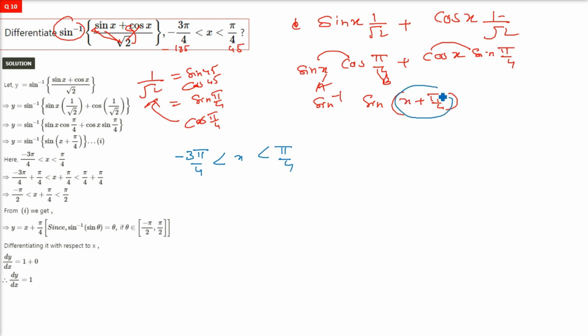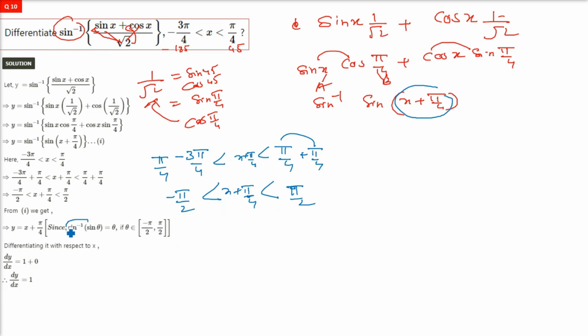So x plus pi by 4, just add pi by 4 to both, here also pi by 4. So pi by 4 plus pi by 4 is what? Pi by 2. So this is pi by 2. This is x plus pi by 4, and pi by 4 minus 3 pi by 4 is minus 2 pi by 4, and that brings down to minus pi by 2.